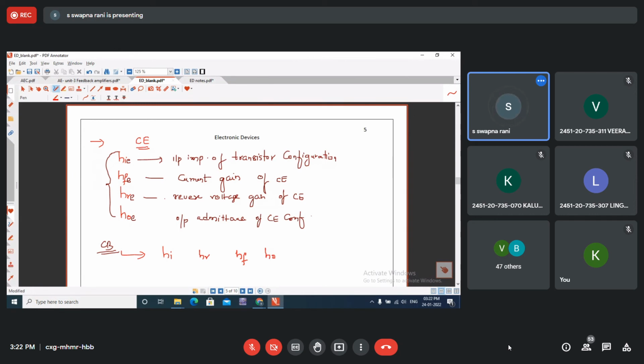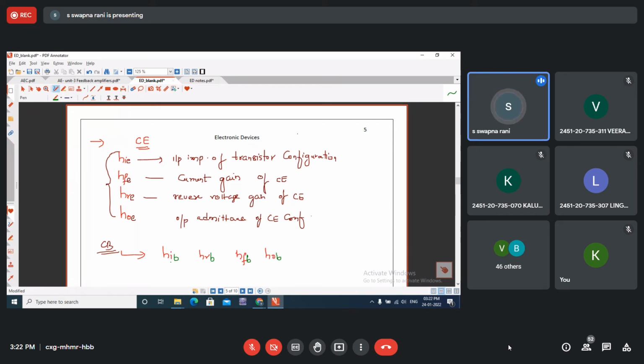For common base, we add a second subscript B: HIB, HRB, HFB, and HOB. Input impedance, reverse transfer ratio, forward current gain, and output admittance of common base.